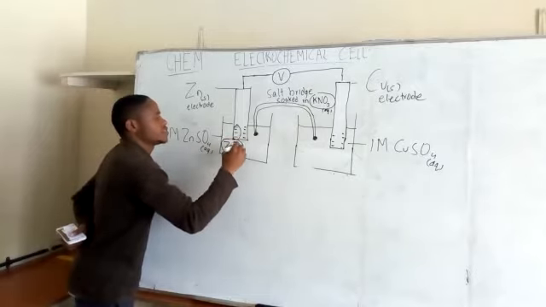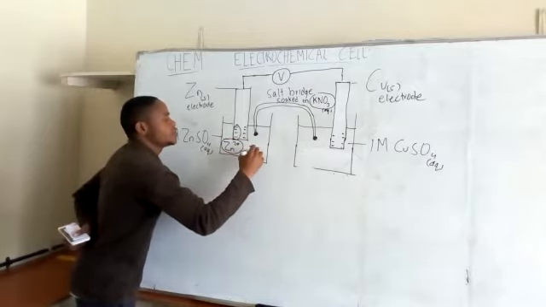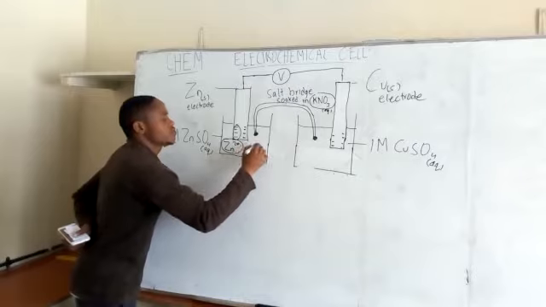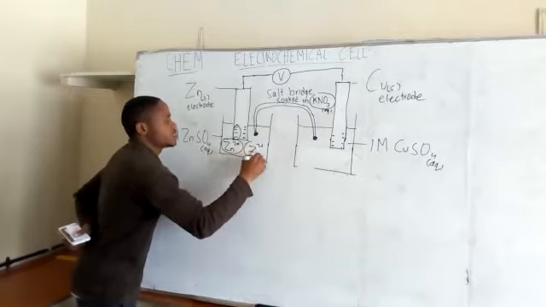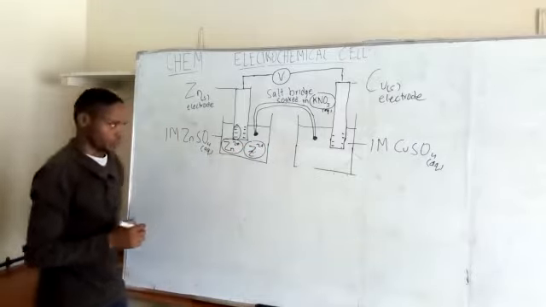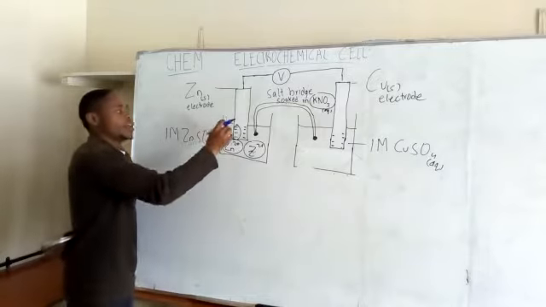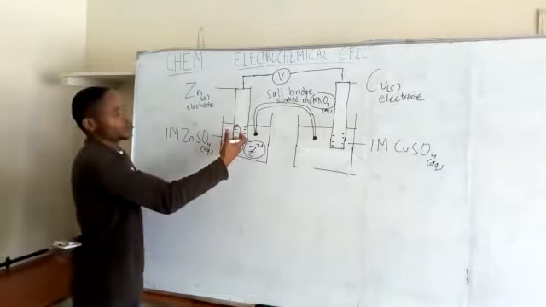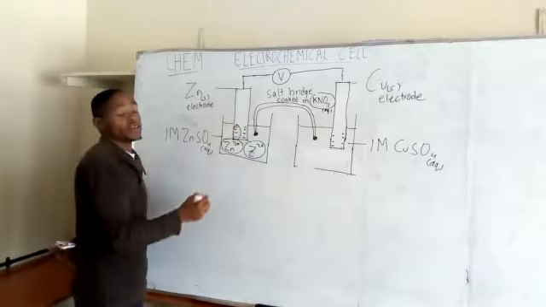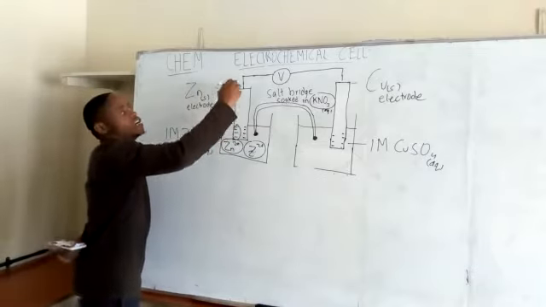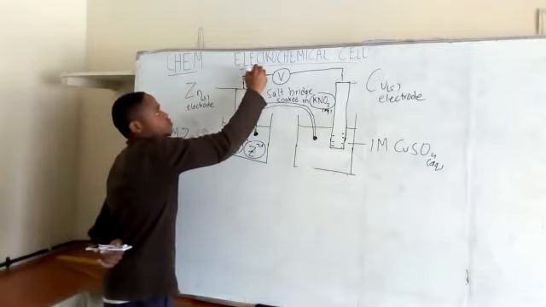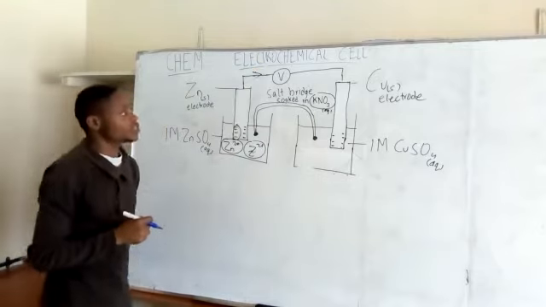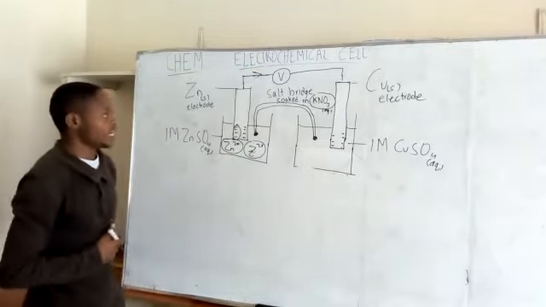Every atom is going to lose 2 electrons, and then it is going to go into solution. And because zinc has a higher tendency to ionize, the concentration of electrons will be higher here, and so the flow of electrons will be from the zinc electrode to the copper electrode.